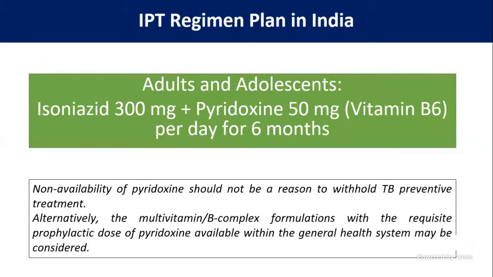Alternatively, multivitamin or B complex formulations with the requisite prophylactic dose of pyridoxine within the general health system may be considered. Because we hear certain states or some of the ART centers say there's no pyridoxine to start with, but this recommendation is one we could take and offer to most of our patients. Next slide.